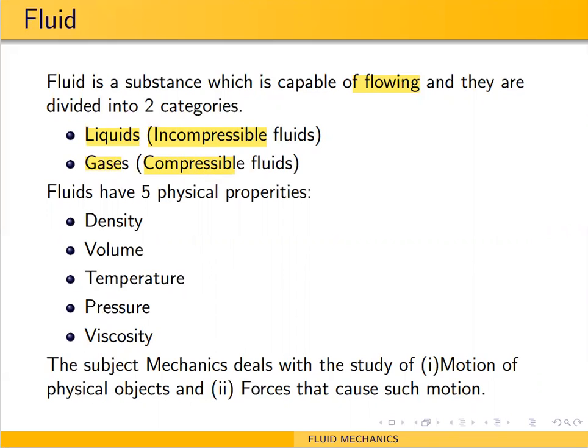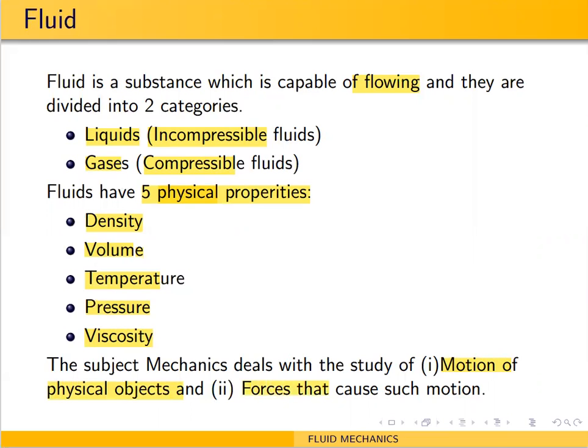And they have five basic physical properties. They are density, volume, temperature, pressure, and viscosity.